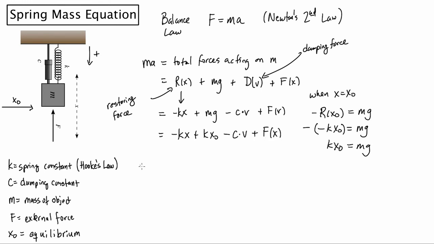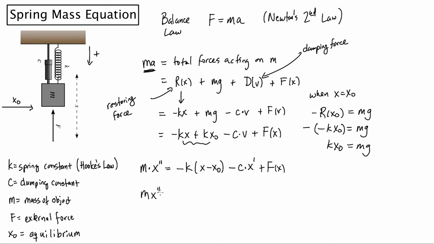And if I get ready now to write an equation, let's look at the left side of the equation as m times a, but a is the acceleration of the object, and so that is the second derivative of the displacement. It is equal to minus k times x minus x naught, if I combine these two terms, minus c times the velocity, which is x prime, and then f of x is the external force.